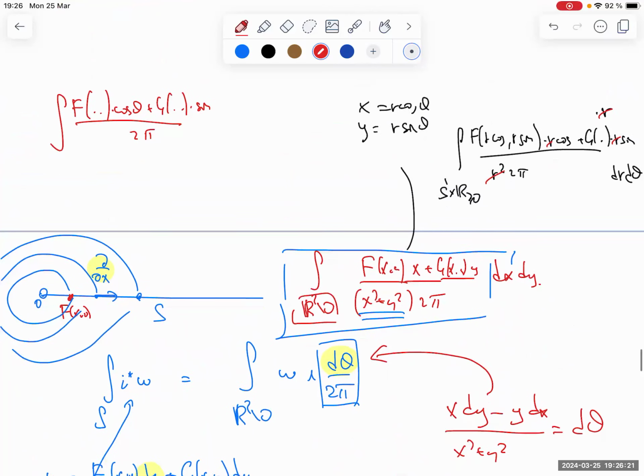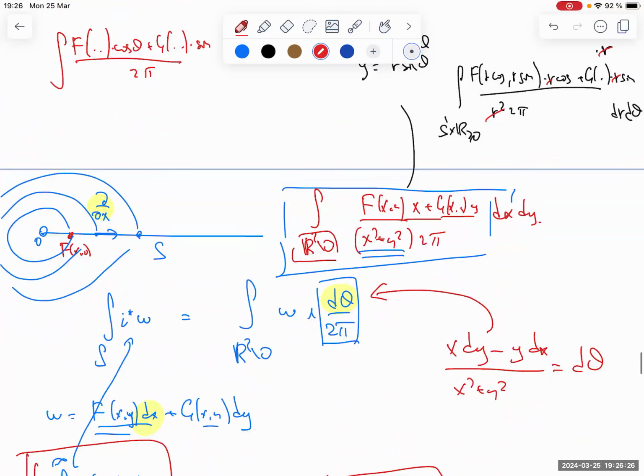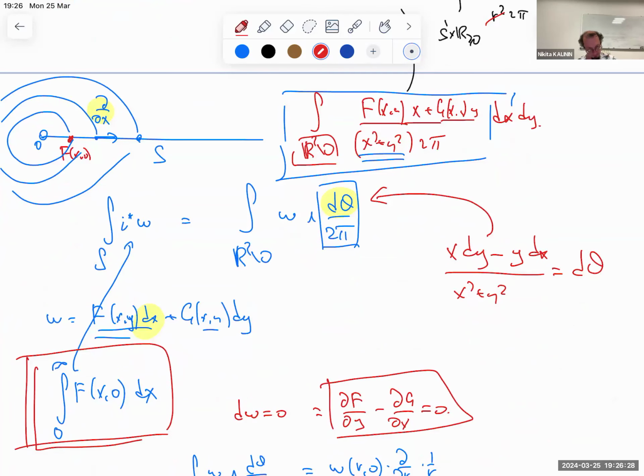Oh, maybe it was better to use Green's formula if we have this condition. Well, maybe. How to use Green's formula? Okay, Green's formula can say to us that, oh no, I don't know.